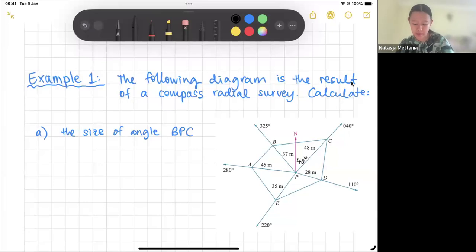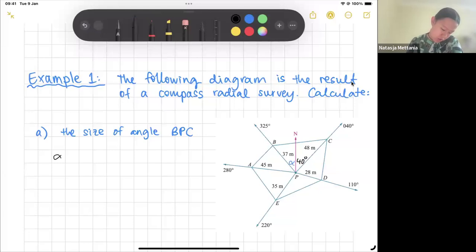So one step done. Now I need to figure out how much this is. At the moment I don't know, but I do have enough information. Let's call this alpha.